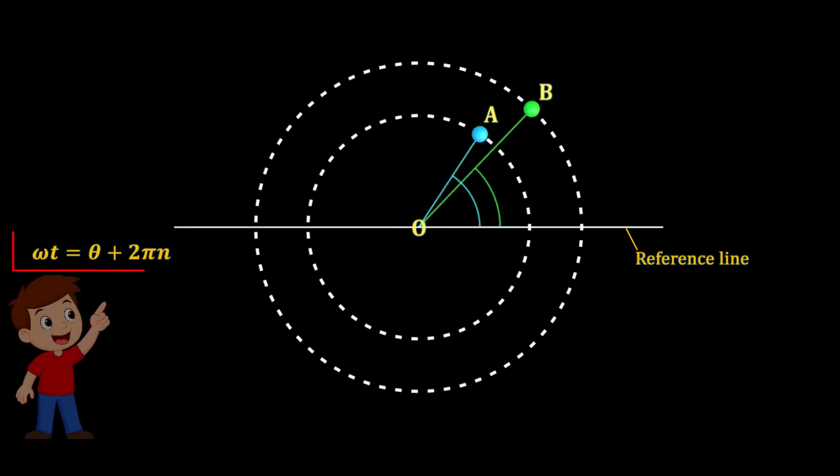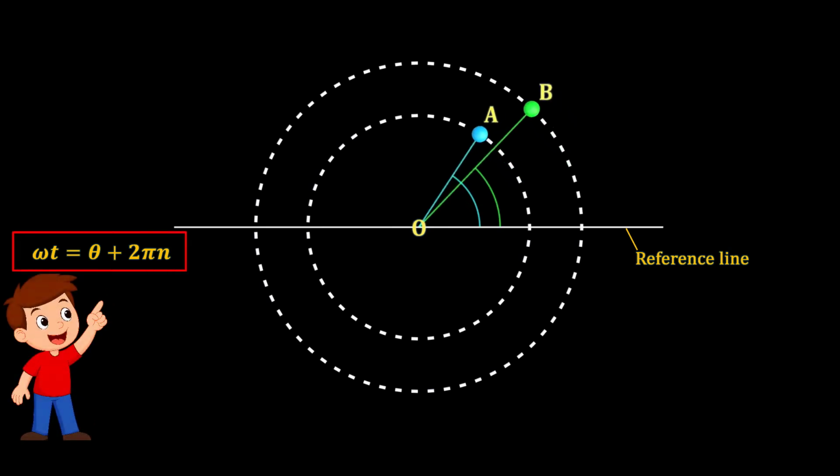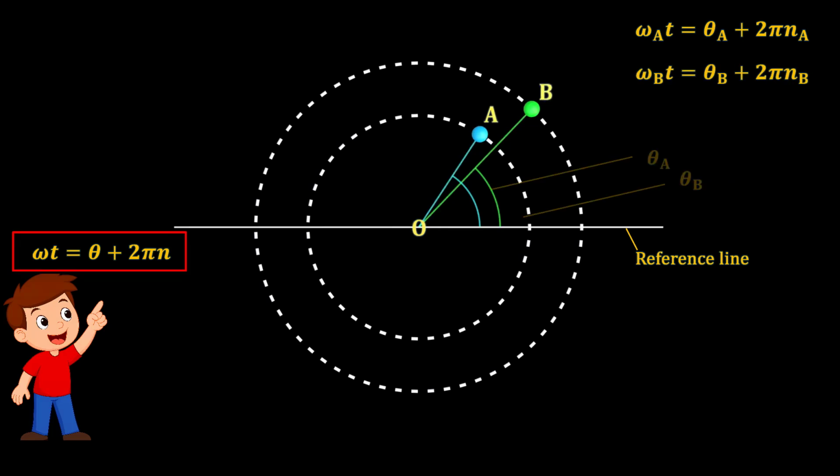Now let us apply this equation to our two objects A and B. For the objects A and B, we can write respectively omega A t equals theta A plus 2 pi NA and omega B t equals theta B plus 2 pi NB, where theta A and theta B are their respective angular displacements from the reference line.